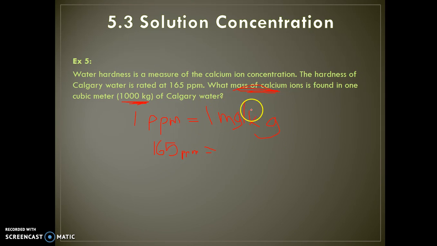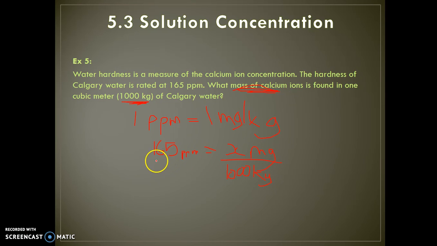over milligrams per kilogram. What we're looking for, the numerator, is the mass of the calcium ions, so I put X milligrams up top over the total that we're looking for, which is that 1,000 kilograms of water, and they already gave that to me. Really nice question because I don't even have to convert units.